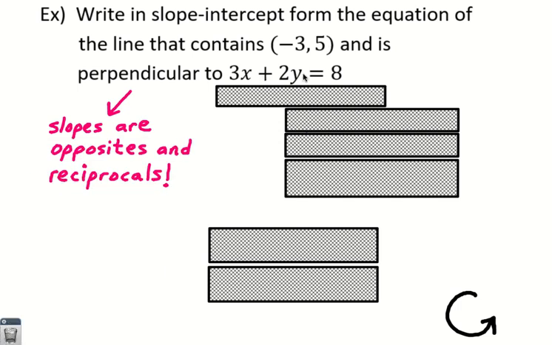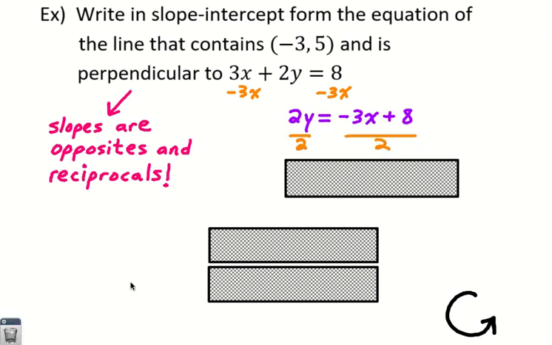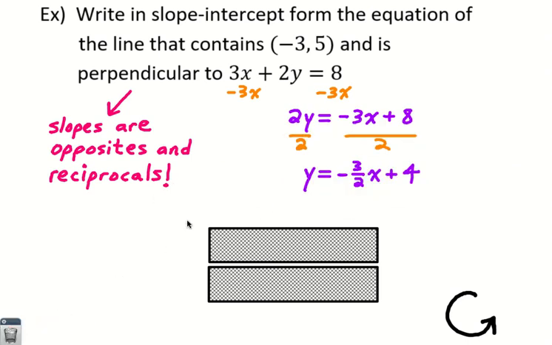Now, the other way this example is different is, how do I know what the slope is of this other equation? Because this is not in the form we like best. So basically, a little bit of extra work. We need to, of course, solve for y, so we know what slope we want our equation to be perpendicular to.